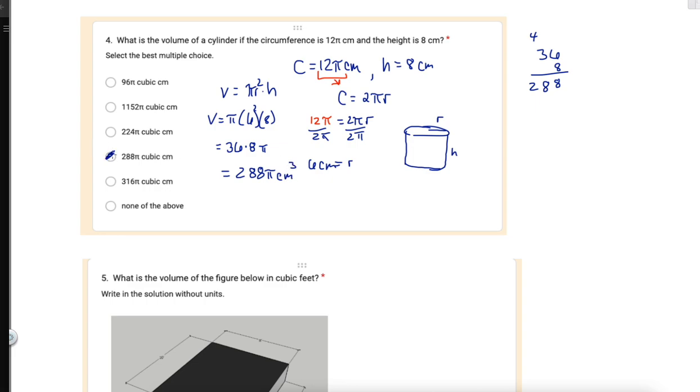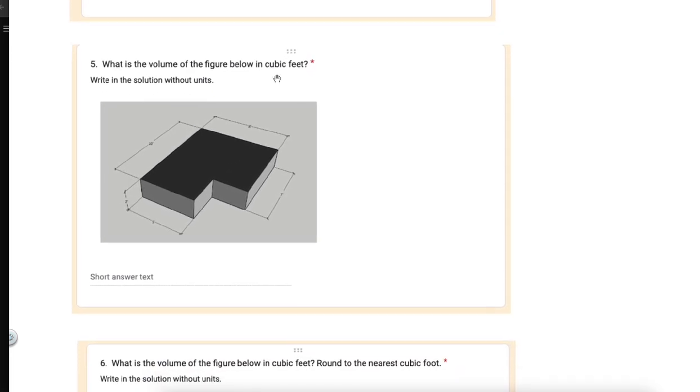Looks like we're at this one right here. That one we had to solve backwards a little bit to find r before we could get the volume.